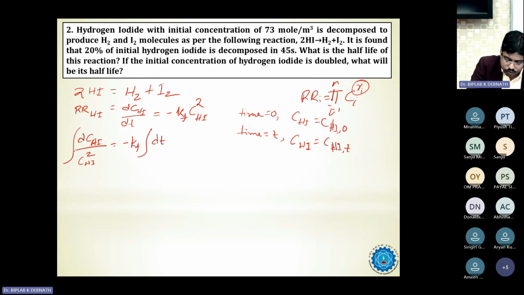Here time 0 to t, and here initial concentration CHI naught to CHI t. Okay. So if we do the integration, here you see this is a power. So integration of dx by x square, what happens? Anybody knows? This will be half of, right? Is it half?